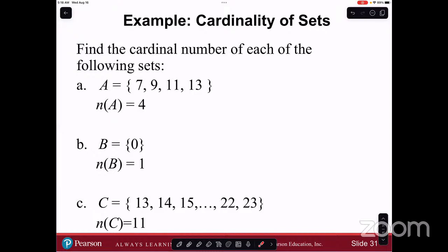Our social security numbers consist of what? 8 digits, and each placeholder has 10 options. So that's 10 to the power of 8. Real quick, I just want to see something. That's going to be a 1 with 1, 2, 3, 4, 5, 6, 7, 8 zeros. What number is this? 100 million.